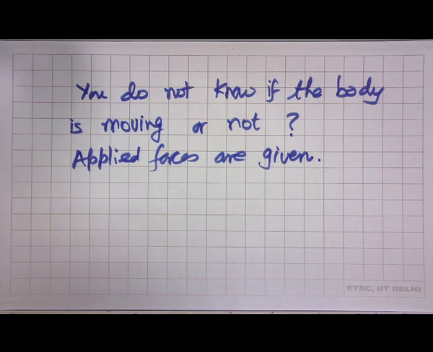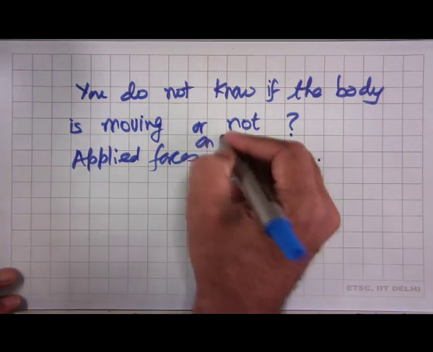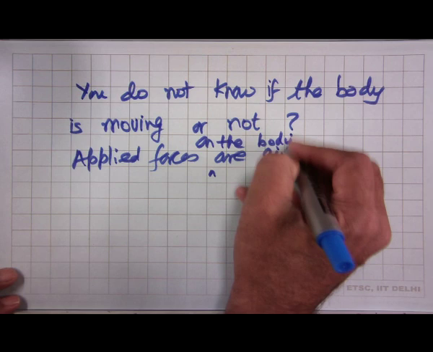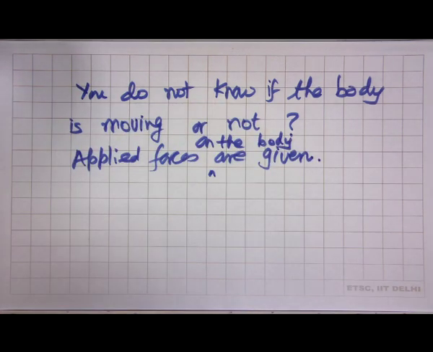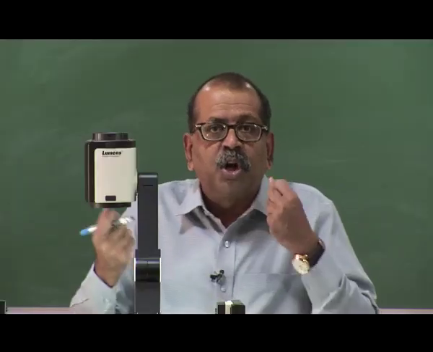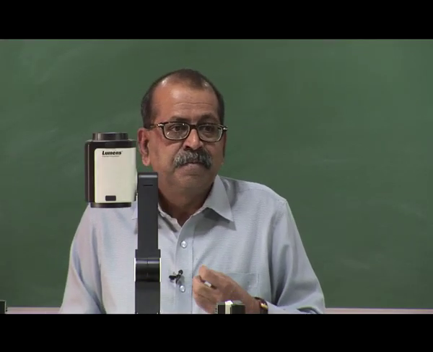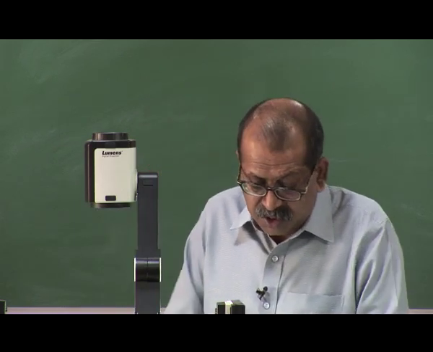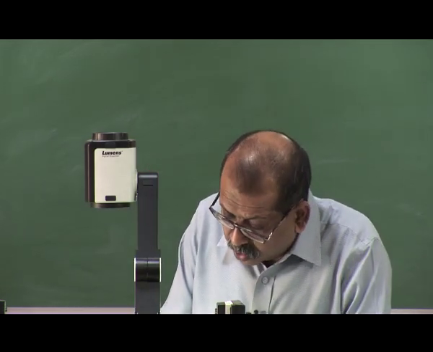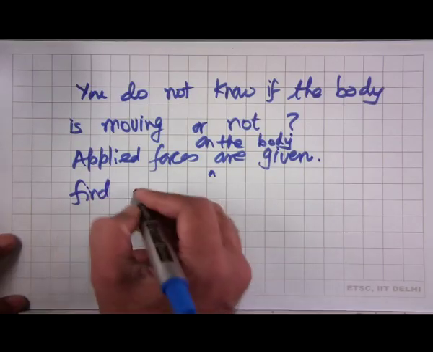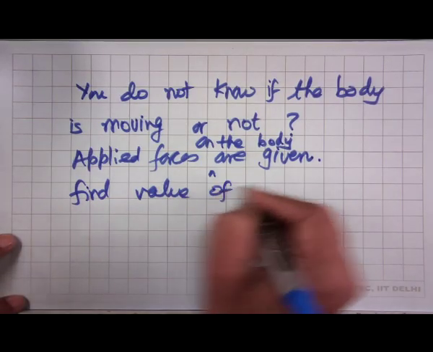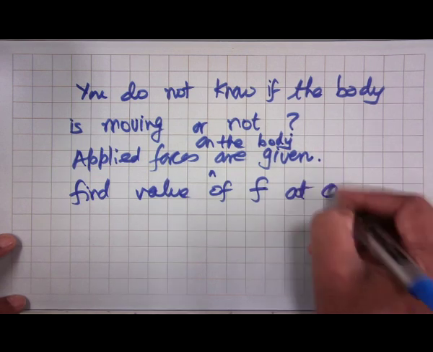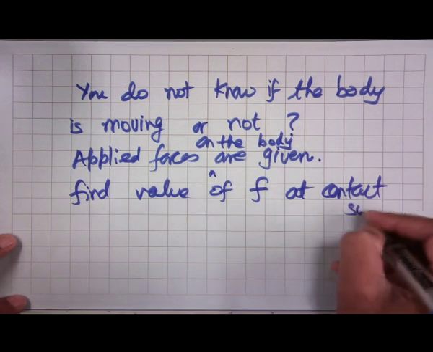All the forces which are applied forces, maybe I will specify, on the body or on the particle are given to you, and you do not know what type of motion takes place, whether the body moves or not, or if it moves then with what acceleration. And in these problems, particularly if friction is involved, and if here you have to find the value of friction at the contact surface.